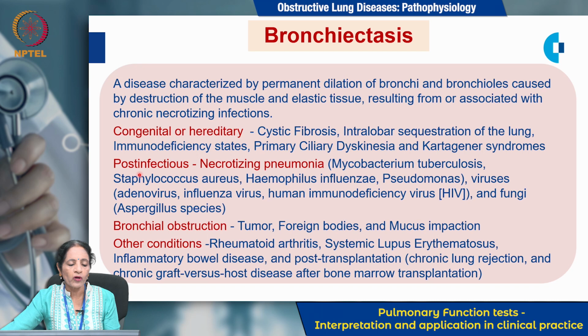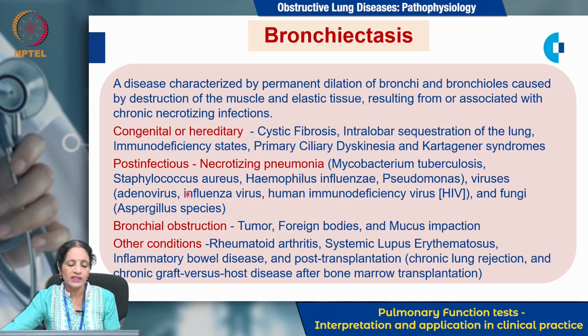Coming to the second important type of bronchiectasis, which is post-infectious or necrotizing pneumonia. This is very important because when a patient has pneumonia, the consequence of the pneumonia could be bronchiectasis, especially when it is due to Mycobacterium tuberculosis, Staphylococcus aureus, Haemophilus influenzae and Pseudomonas.